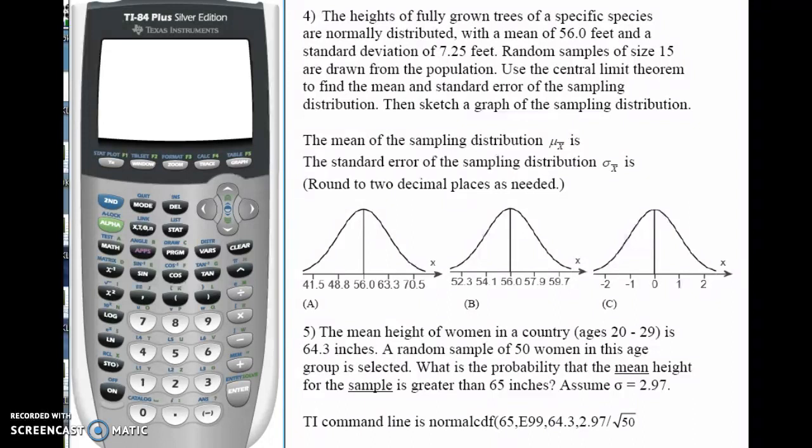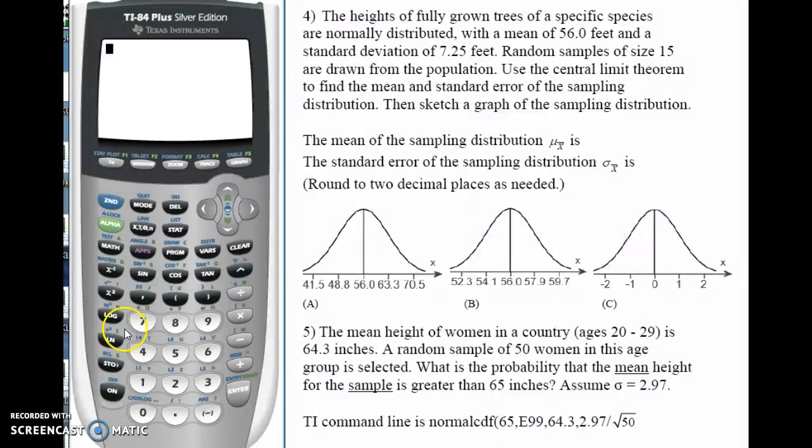The standard error of the sampling distribution, sigma sub x bar, is the standard deviation of the population, sigma, which was 7.25 feet, divided by the square root of the sample size.